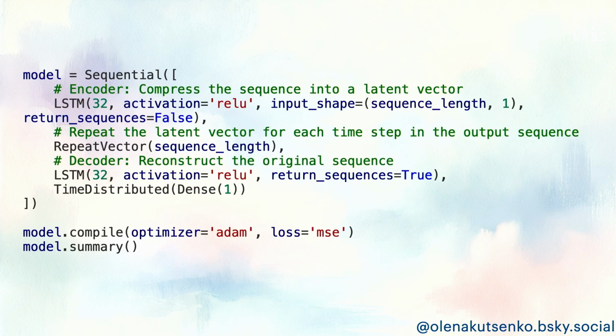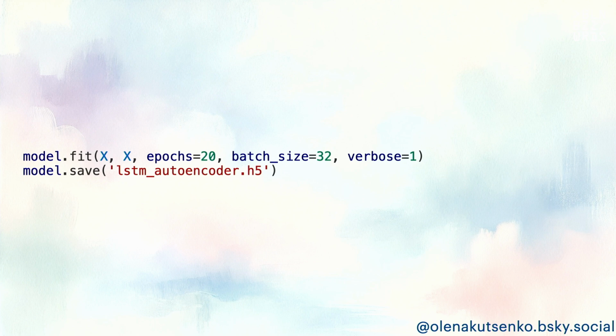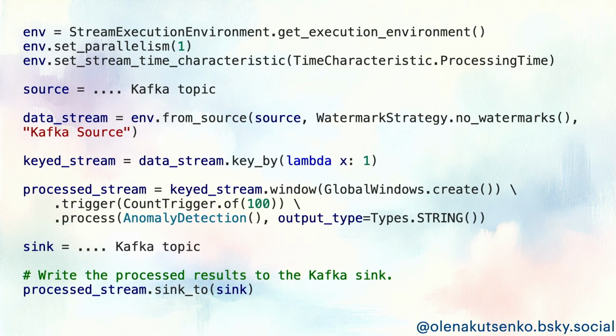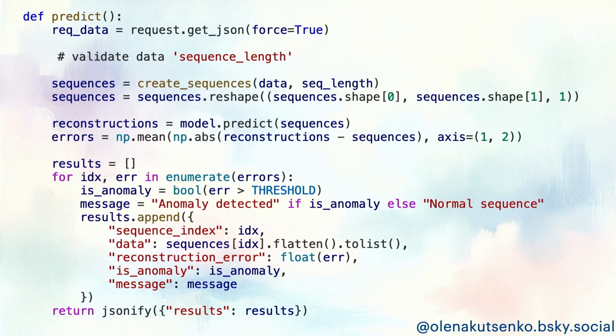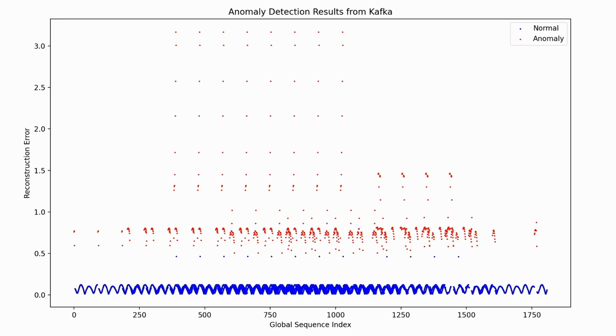You can train the model on the data, later save the model, which is already trained, and then make it accessible through Apache Flink. And the rest is the same as I was showing with the ARIMA model to get that information, process it and bring the results back to Apache Kafka.